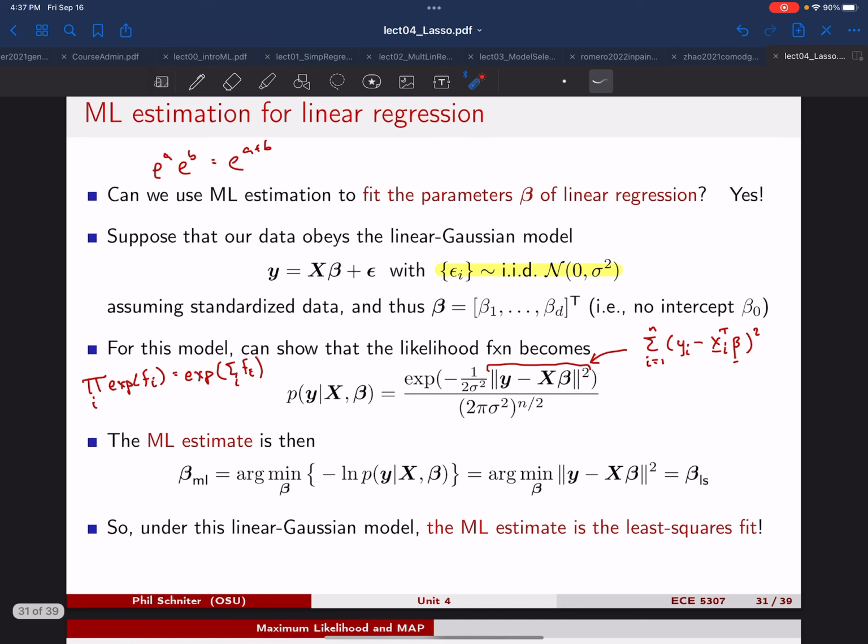So when we do that, and furthermore, this is what these terms look like. This is going to be the y minus x times beta. That explains what epsilon is. That's sort of where this is going. So you're going to see this expression a lot. If it doesn't look familiar right now, it will look very familiar soon.